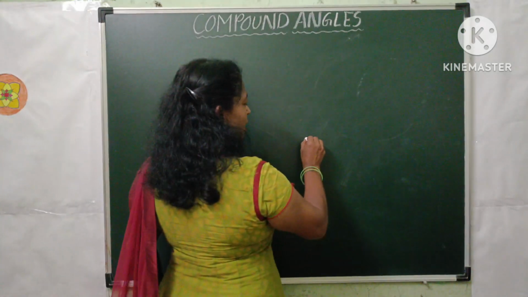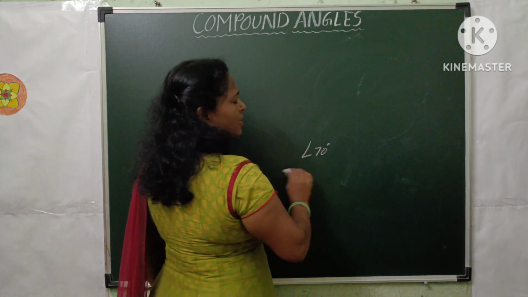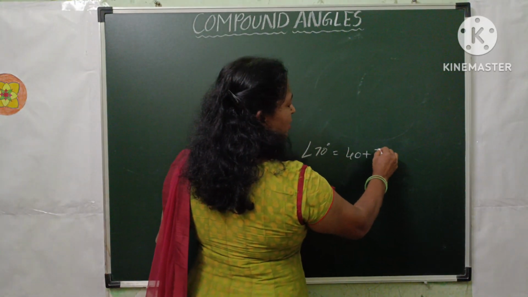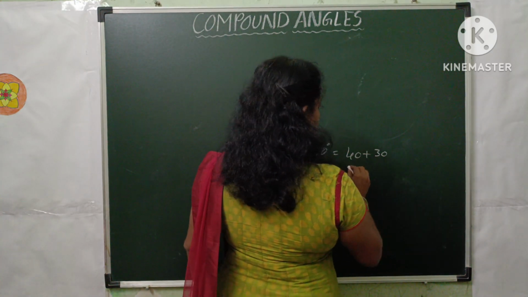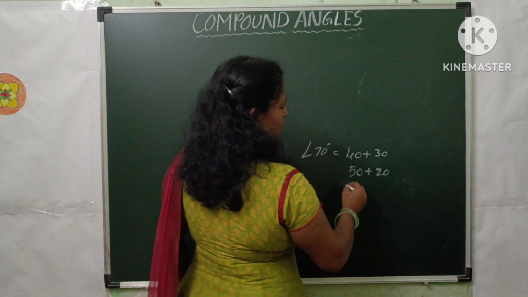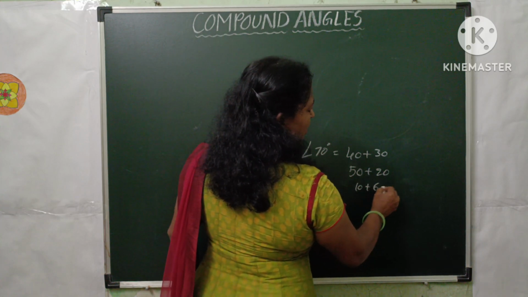Suppose, for example, the angle 70 degrees. We can write 70 as 40 plus 30 degrees, next 50 plus 20, next 10 plus 60.